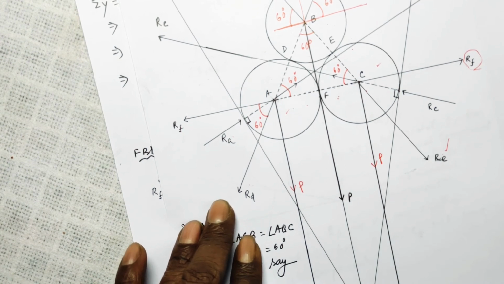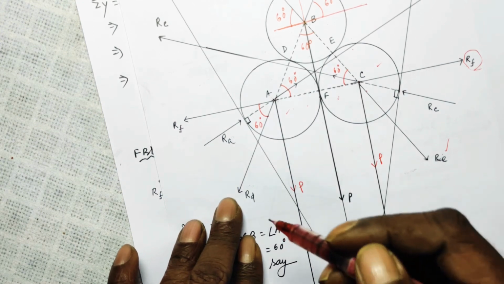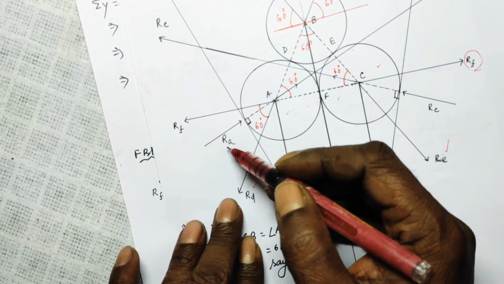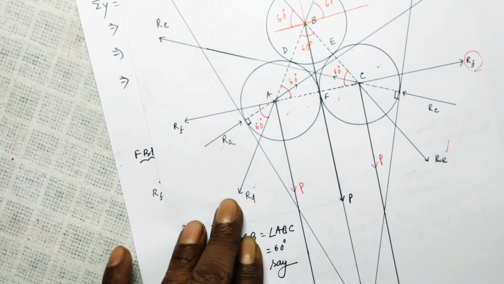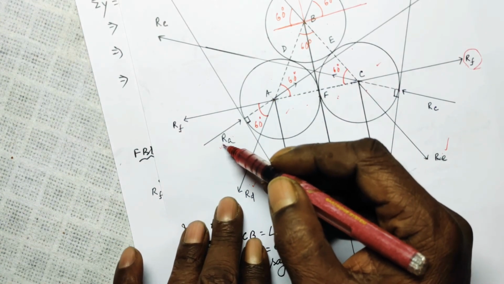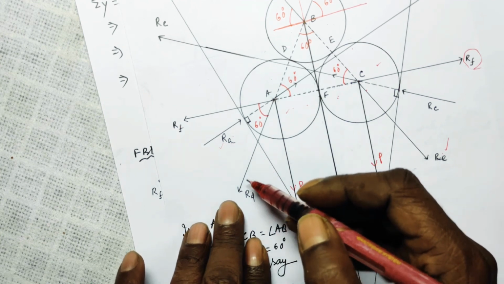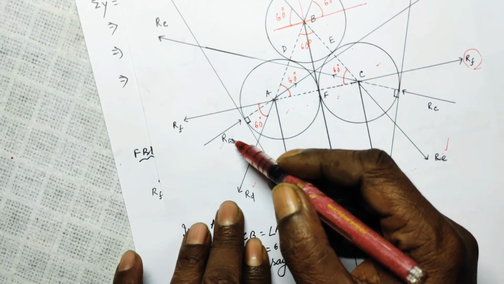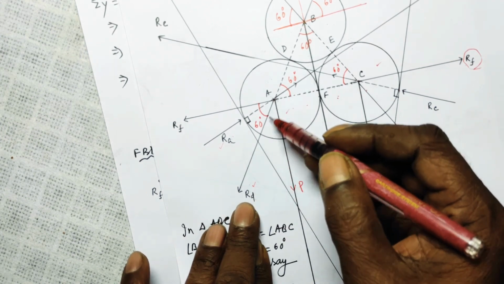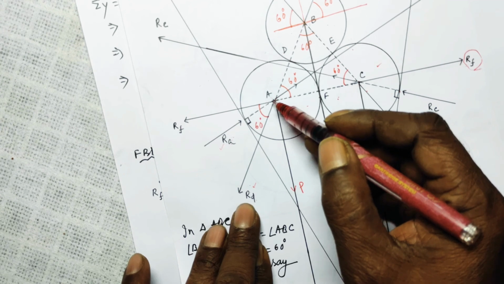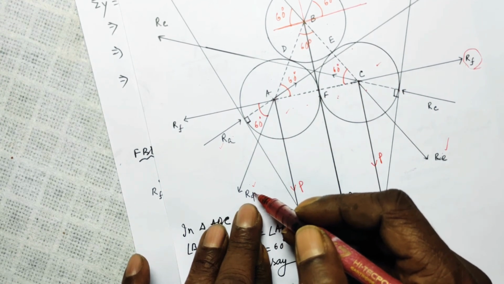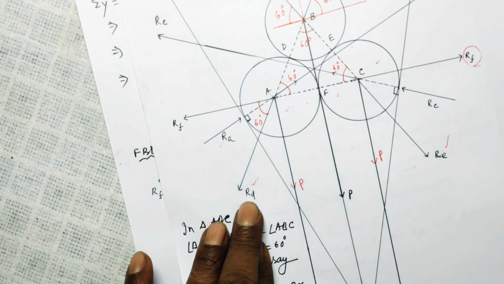To find that, we must know what angle RD makes with either x-axis or y-axis, and what angle RA makes with x-axis or y-axis, so that the horizontal component of RA and vertical component of RA can be found out. Similarly, if we know what angle RD makes with either x-axis or y-axis, we can find the horizontal and the vertical component of RD.